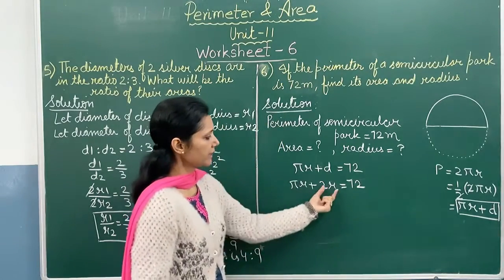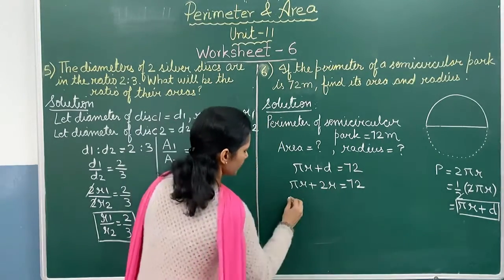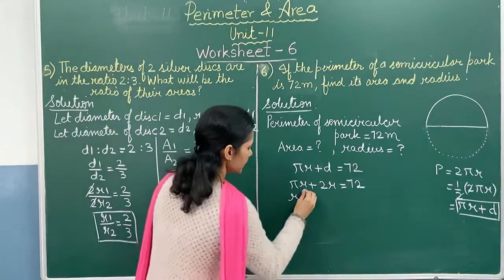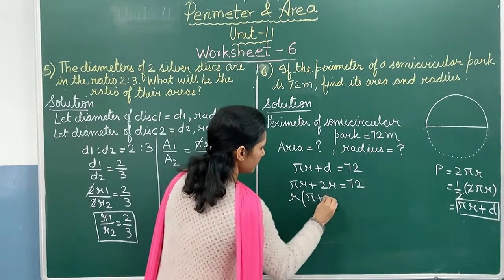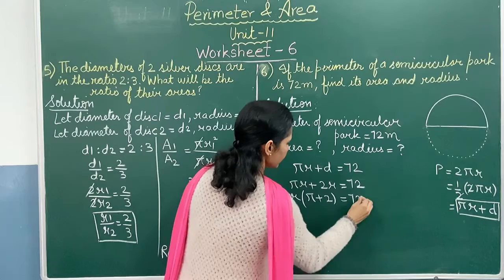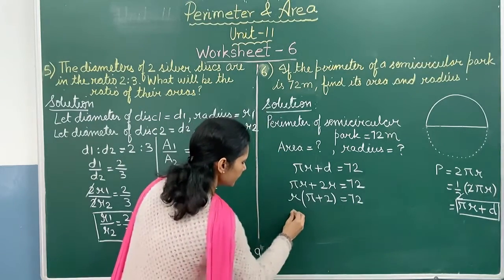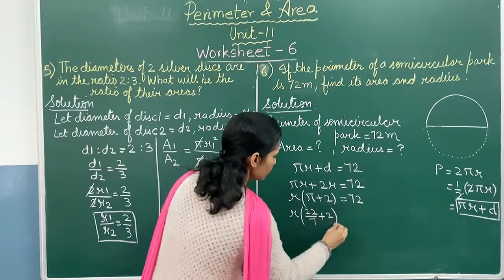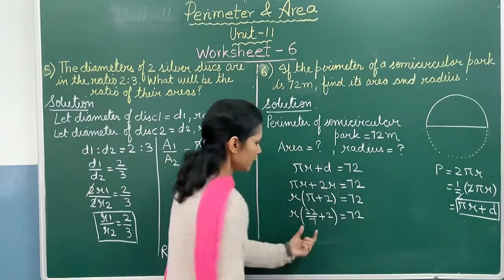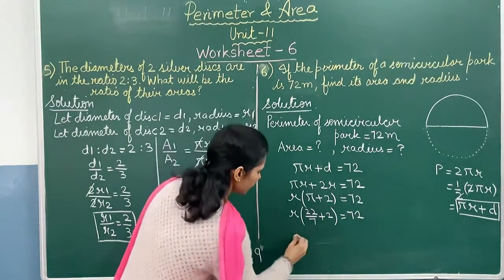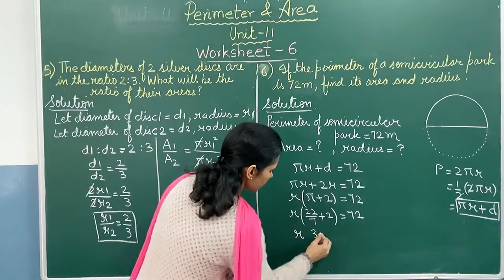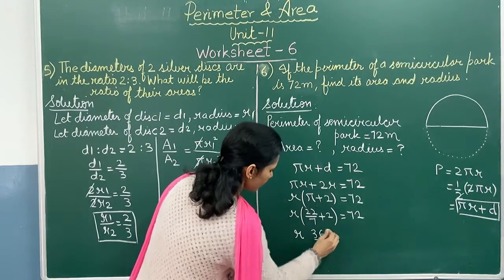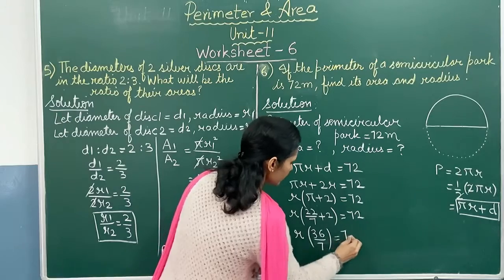Now what is common in both these terms? r is common. So let's take r outside. So inside we have pi plus 2, and this is equal to 72. Let's put in the values. r times pi, which is 22 upon 7, plus 2 is equal to 72. Now taking out the LCM, we get r times 36 upon 7 is equal to 72.